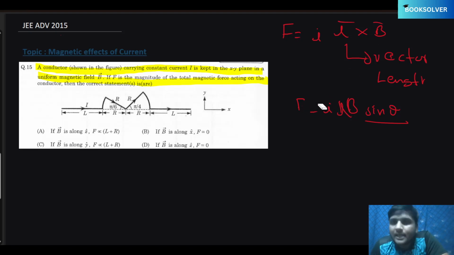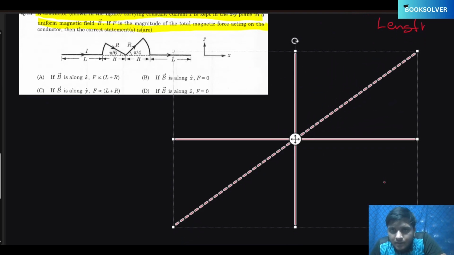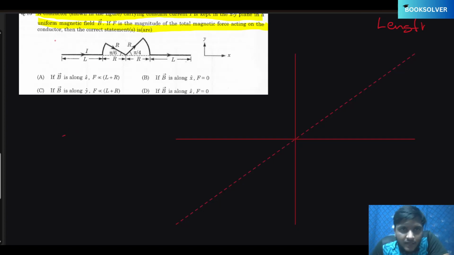Okay, current carrying conductor. So let's imagine how our diagram looks here. Let's make a 3D graph here. So this is our space. Now let's first draw this. It is a shape of somewhere like this and this.